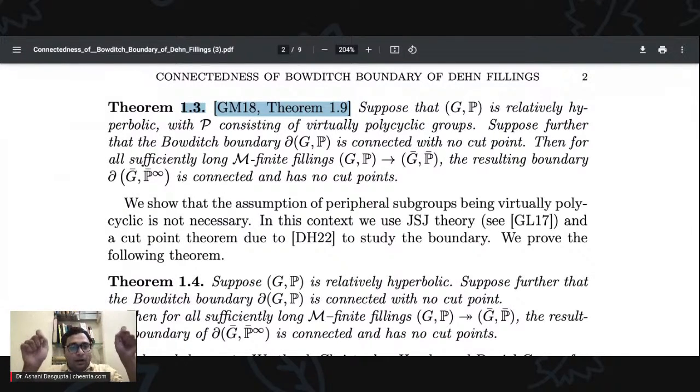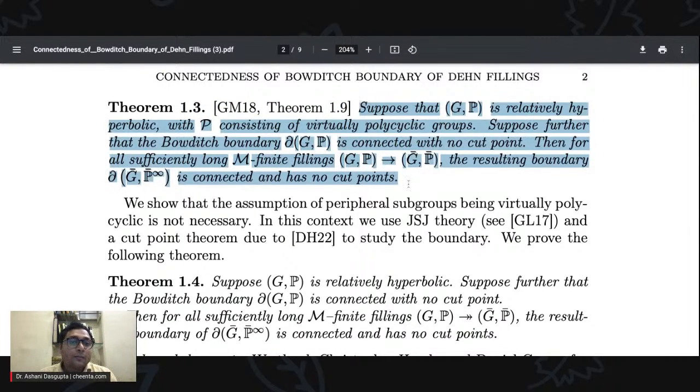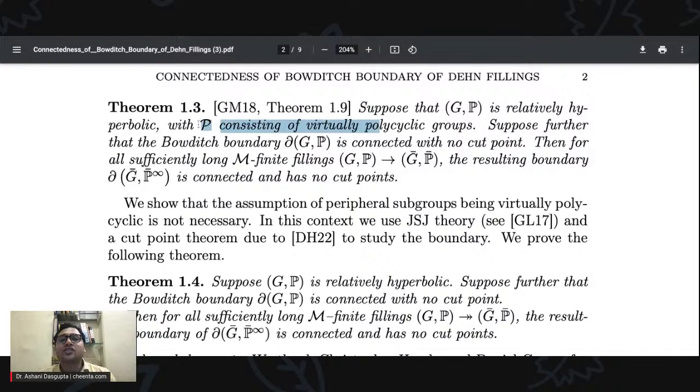If the original boundary of the group pair is connected, is the filled in boundary also connected? That is a natural question to ask, and Groves and Manning actually respond to that question. They say yes, that is true, provided again there is a restriction on the peripheral subgroups.